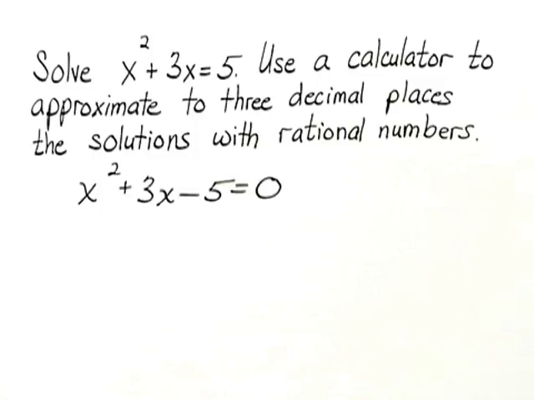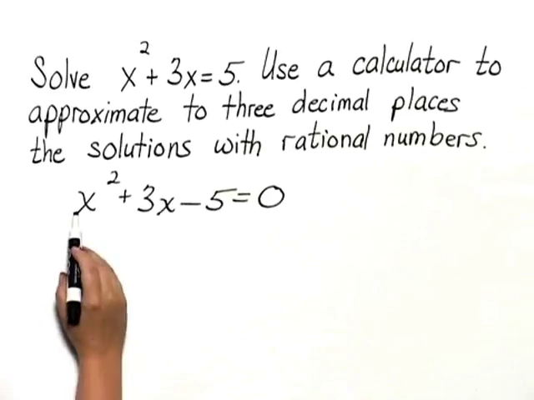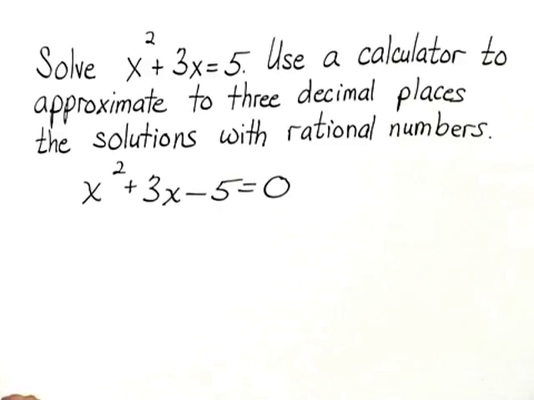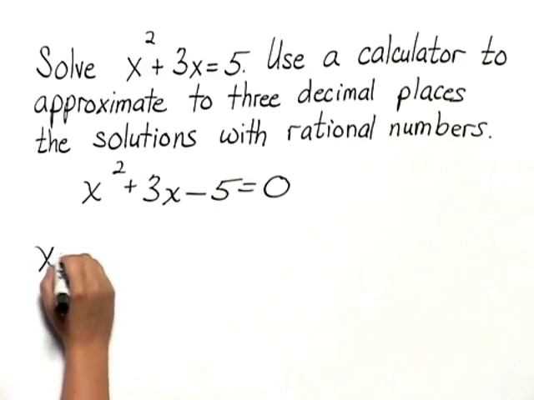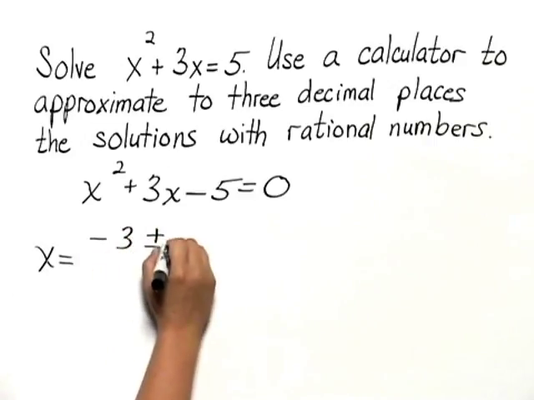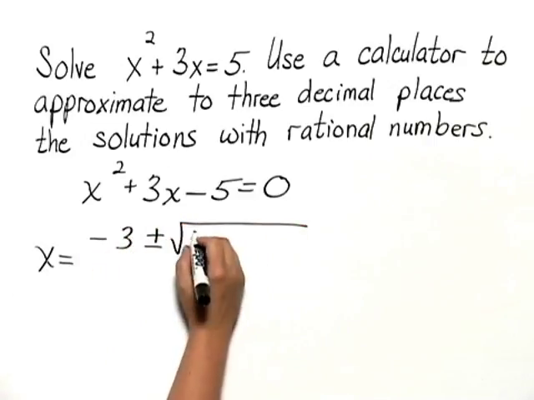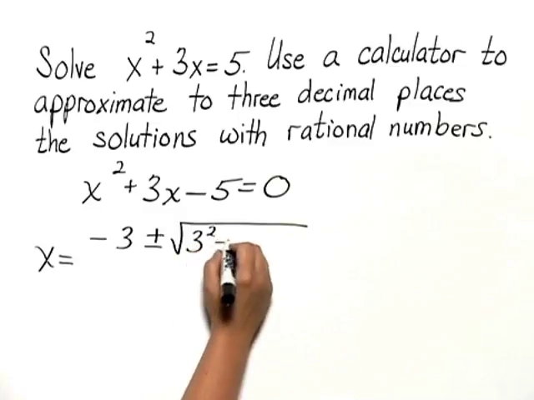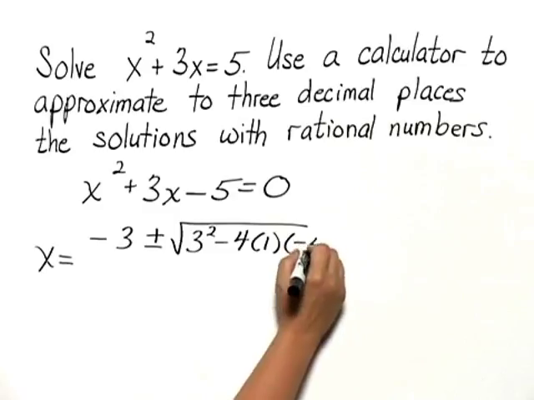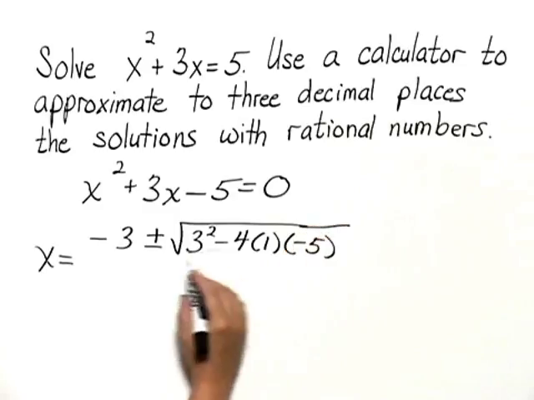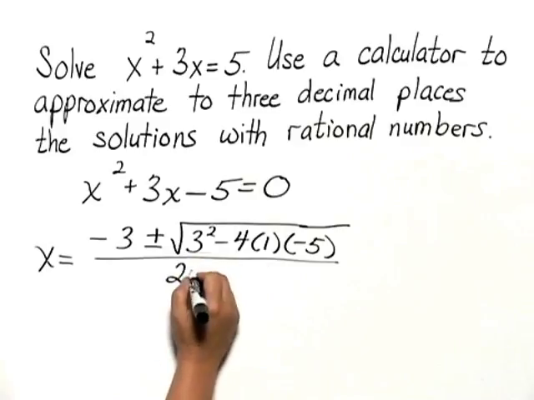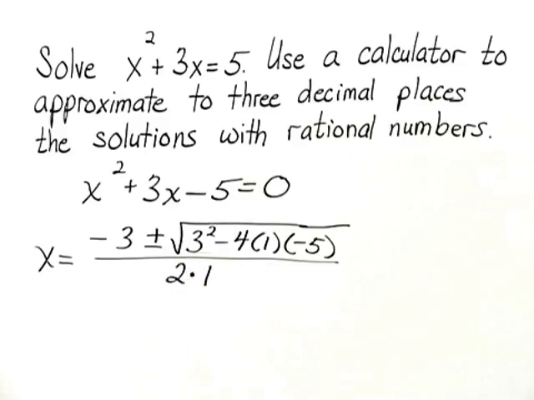It doesn't factor, so we'll use the quadratic formula with a equals 1, b equals 3, and c equals -5. It gives us x equals the opposite of b plus or minus the square root of b squared minus 4 times a times c, substituting each time I said that, all over 2 times a.